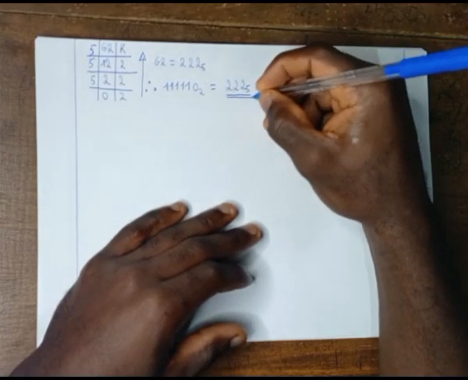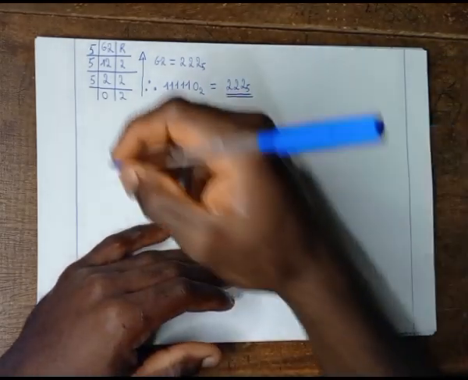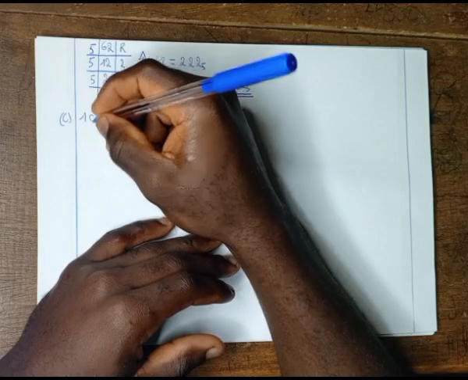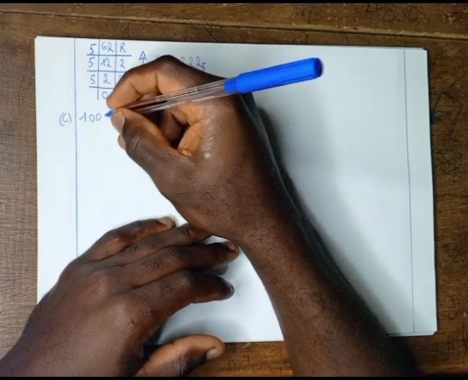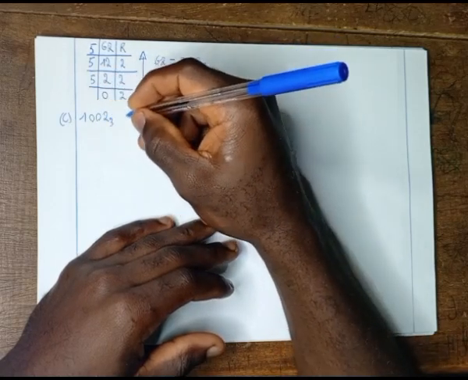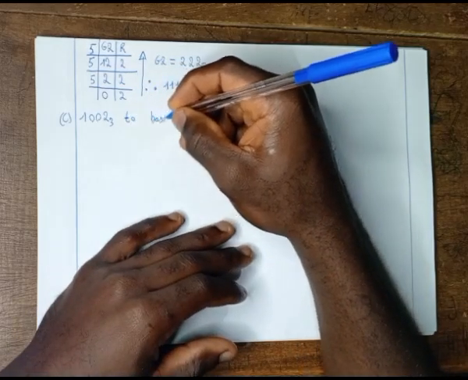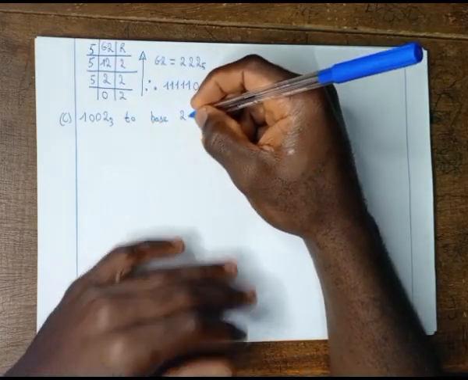We underline the result. Next, now we go to question C, which says we have been given a number 1, 0, 0, 2 in base 3. We have to change this number to base 2.